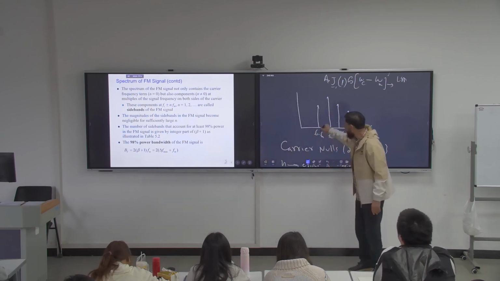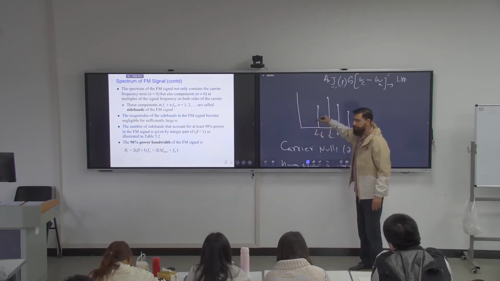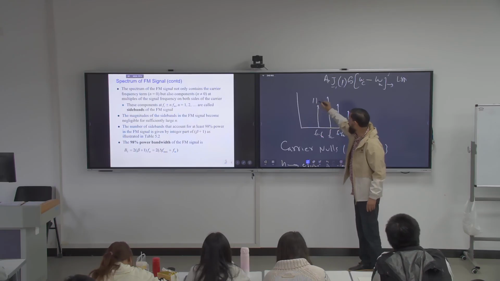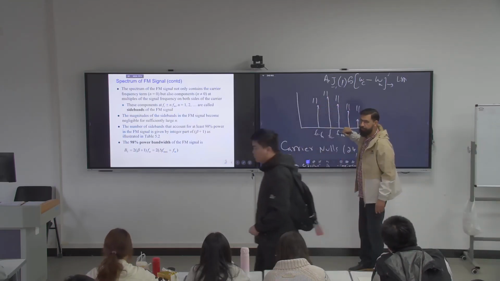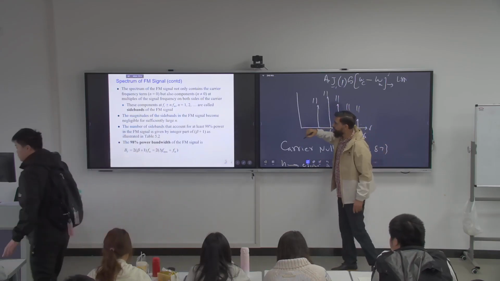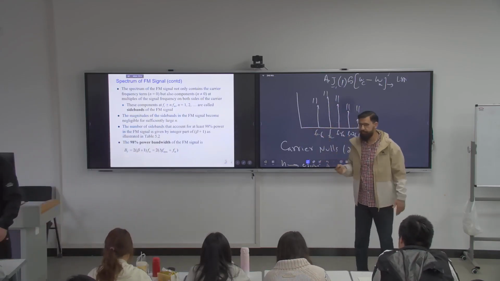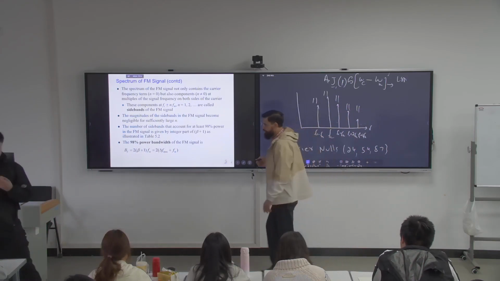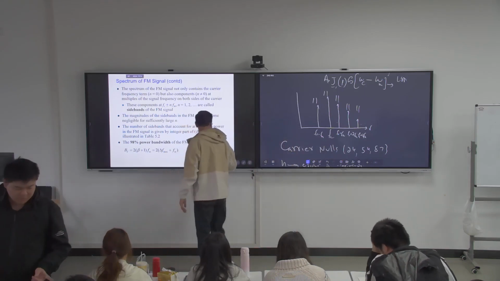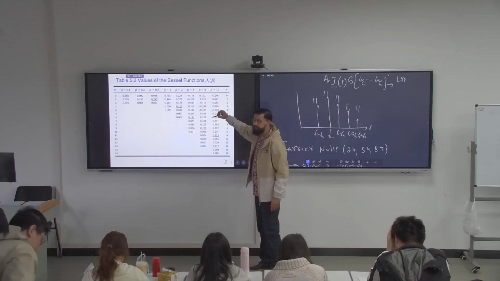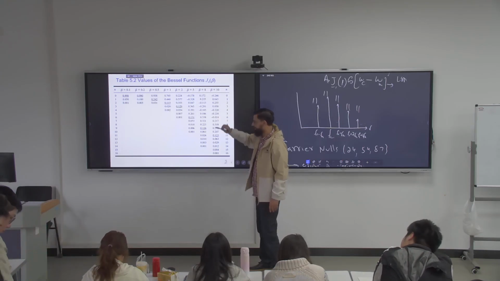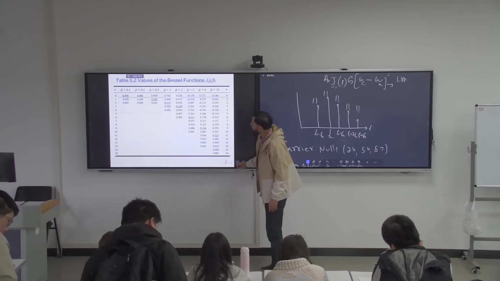I should draw it downward, but I'm taking the positive value. That negative sign shows that it is a 180 degree phase shift, right? So these negative values are sidebands with 180 degree phase shift.